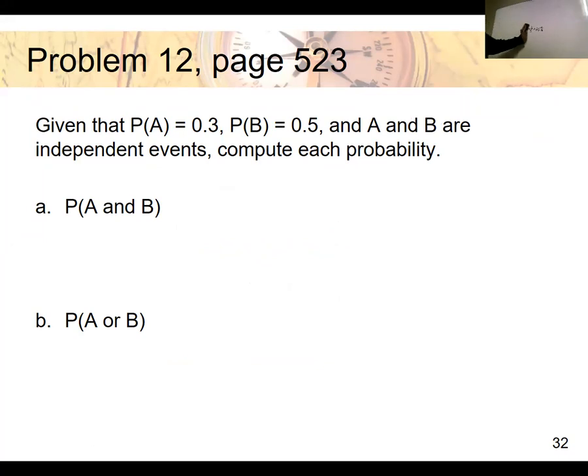So in this case, we want the probability of A and B. And we're given that the probability of event A is 0.3, the probability of event B is 0.5.